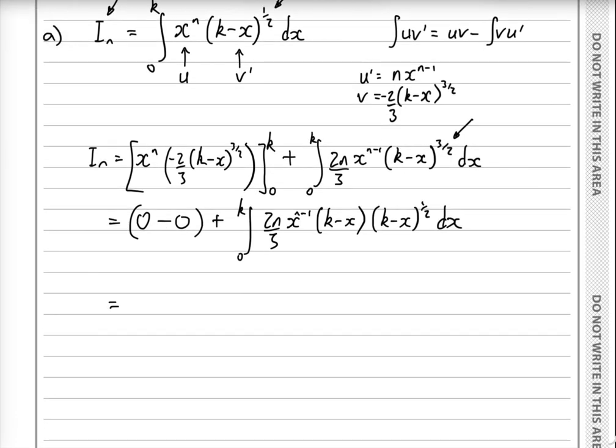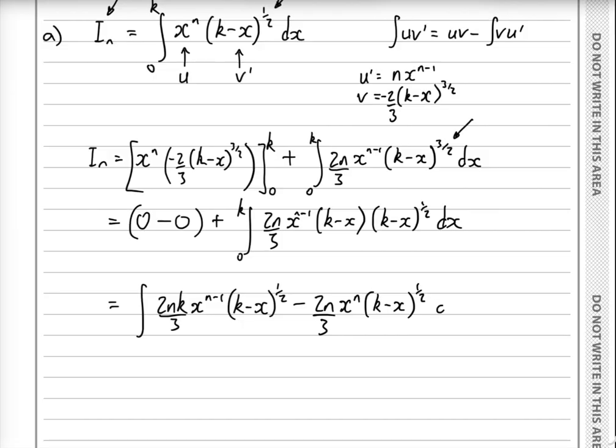So if I multiply out with the k, that gives us 2nk over 3 x to the n minus 1 with that second bracket. Now with the x, we get minus 2n over 3, no k, and the x multiplies with the x to the n minus 1 to give x to the n. The 3 is still there, and we still have this bracket on this term as well.